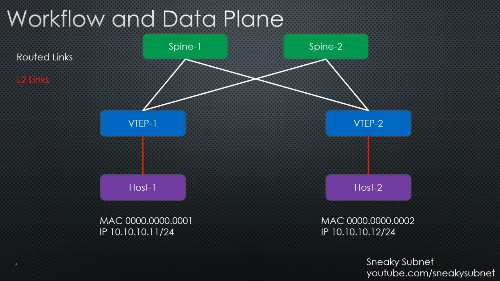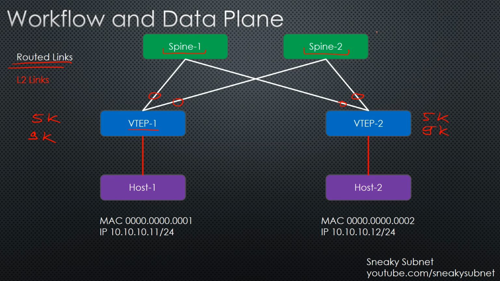So let's go further. Here we have routed links, white links. Here, here, and here, which are connected to our spines, spine number 1 and spine number 2. And again, if we're talking about particular hardware platforms, and if we are using Cisco devices, this guy could be a 5K or 9K. Same story here.